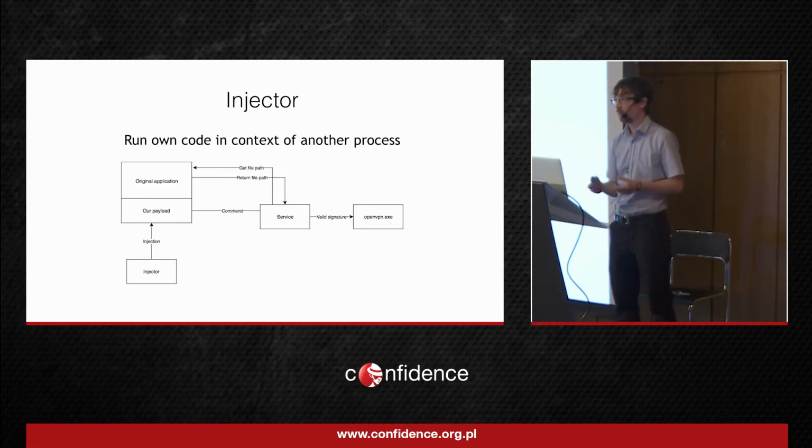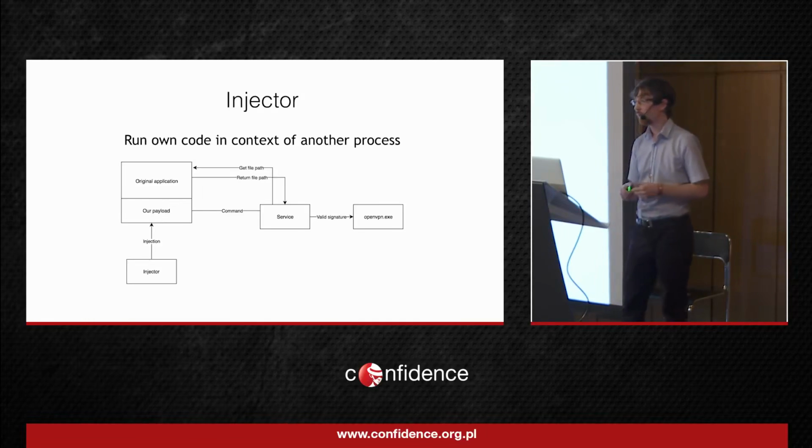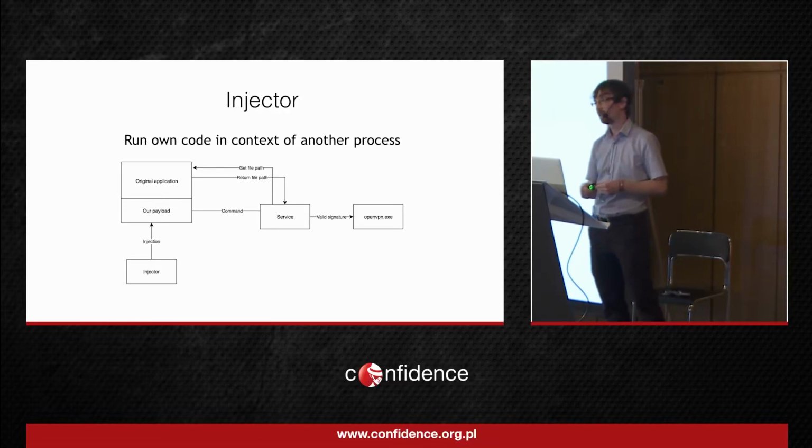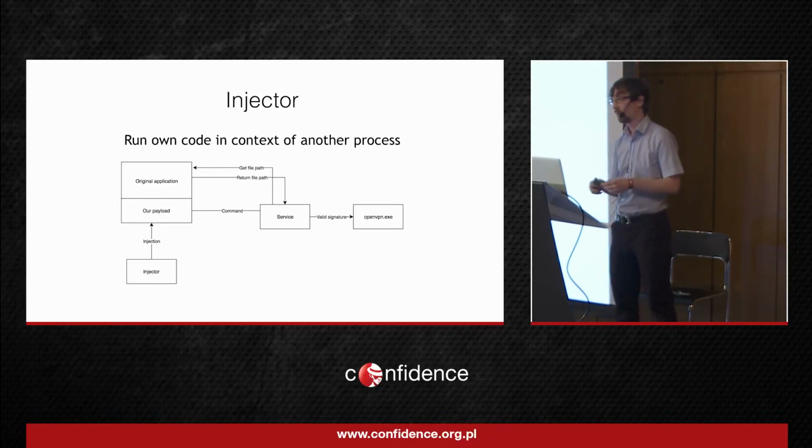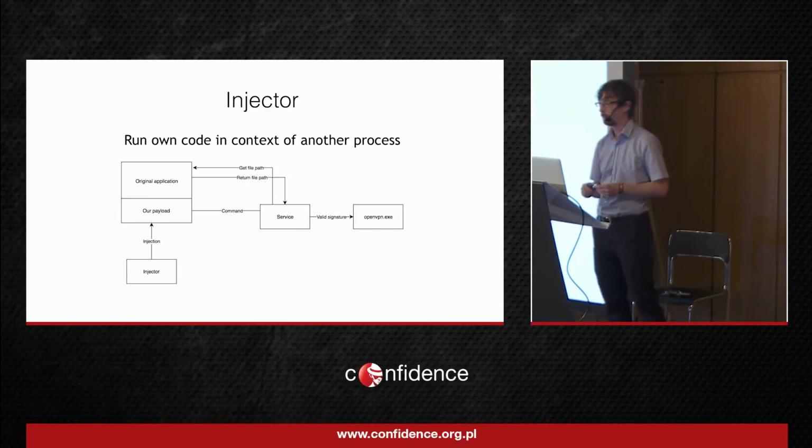Because Internet Explorer is a browser used to browse the internet, there is no firewall prompt. The same idea will be used here. Instead of passing commands directly to the service using a Python script, I am injecting my own code inside the original client, and from the context of that client, I send my malicious payloads to the service.